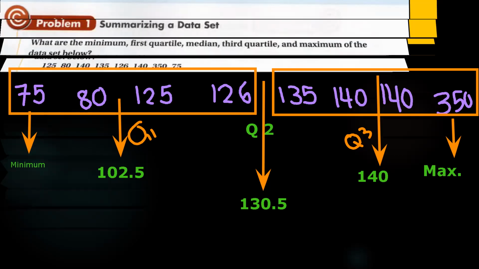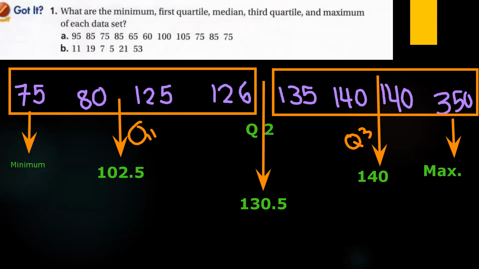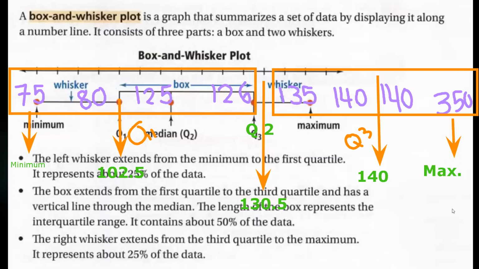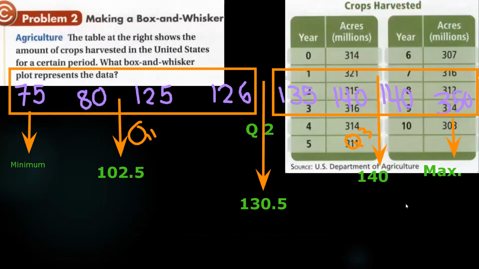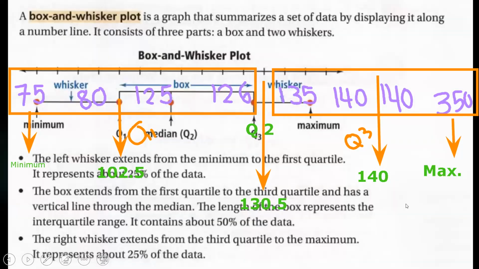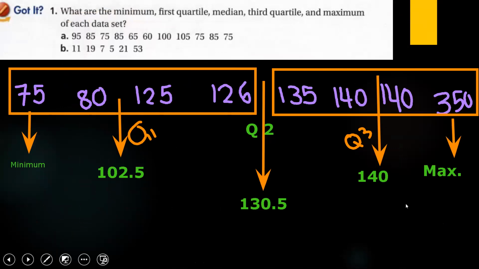Now, in this example, in A, we have an odd number of data. Here we have an odd number: 95, 85, 75, 85, and so on.